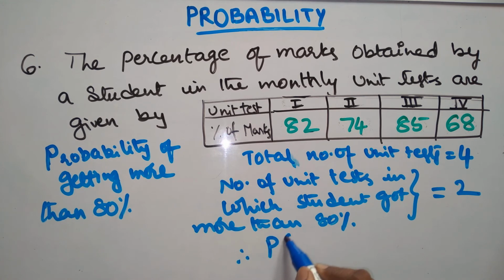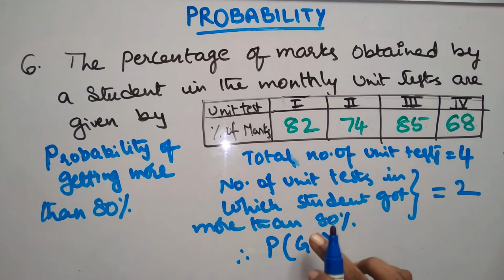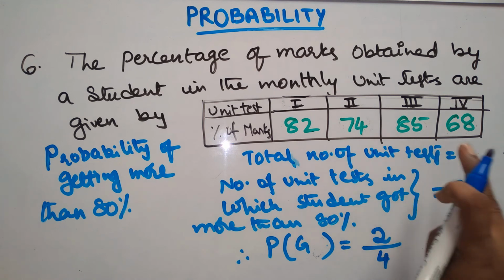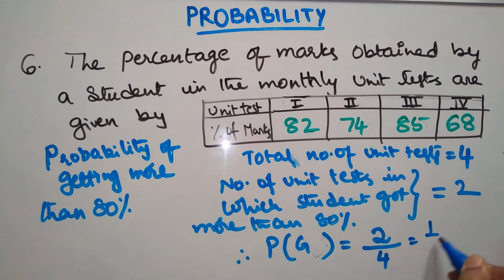Therefore, probability of getting more than 80%, just call it P of G, is equal to number of times the event happened, that is 2, by total number of tests, that is 4. The number of times the event happened is 2 and the total number of tests is 4. That is equal to 1 by 2, equal to 0.5. That's it.